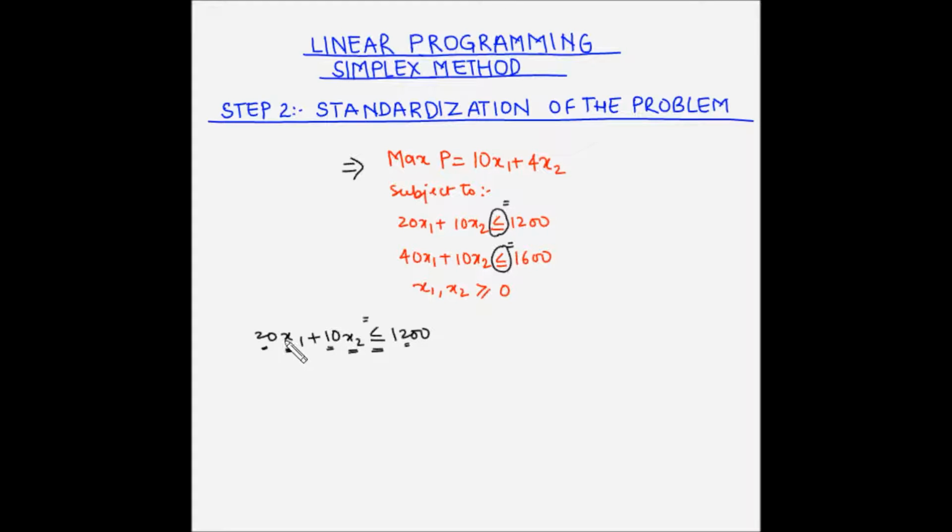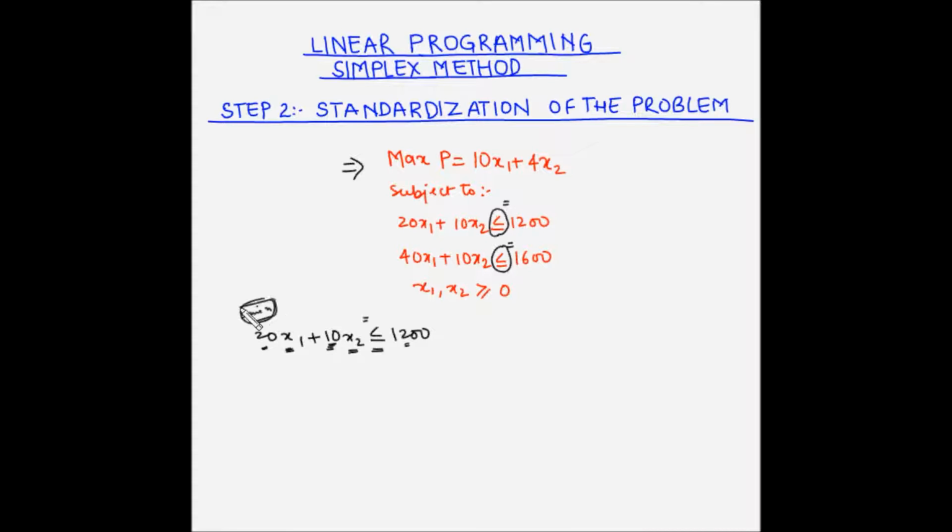So let's say, just to understand, gears of type A take 20 minutes each, and gears of type B take 10 minutes each. However, after producing a certain number of gears of type A and type B, if there are only 5 minutes left, then you cannot produce either type A or type B because the minimum time taken by either of the two is 10 minutes.